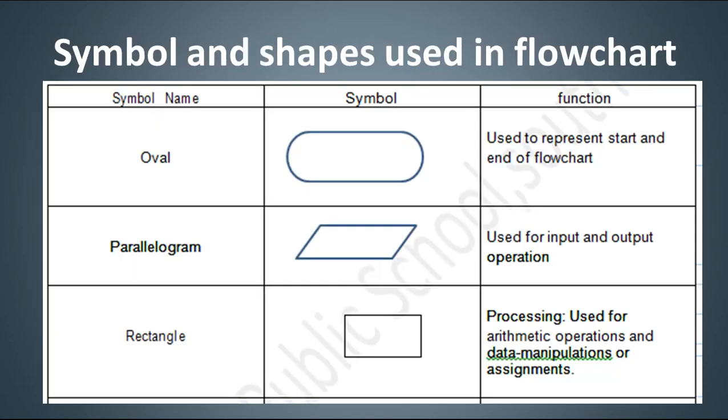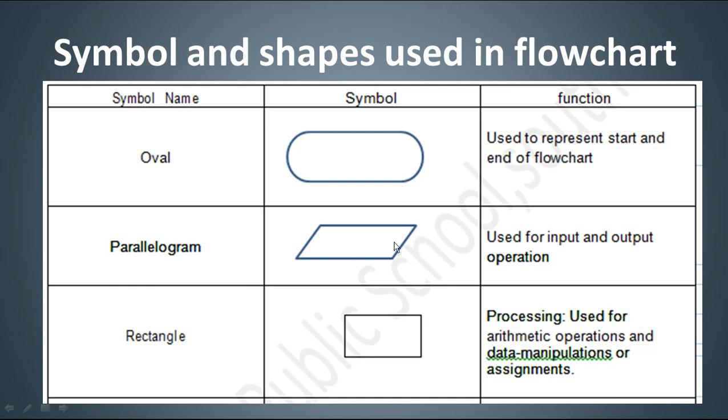Clear? Before drawing the flowchart, you must be aware of the various symbols, the figures used worldwide to represent the kind of work in a flowchart. This oval shape, clear? It is a kind of oval that represents the beginning and the end of the process. To start and to stop the process, you use this symbol.